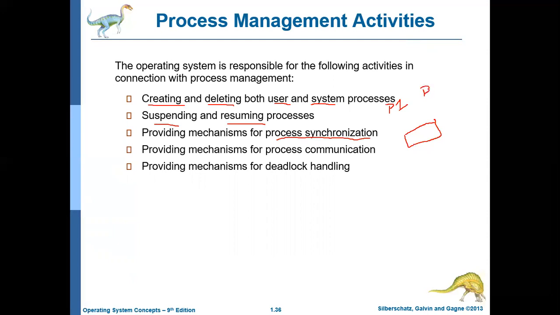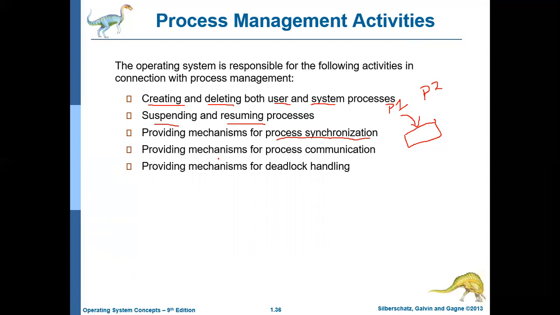Then it is the job of the operating system to decide who can access it and when. This concept is called process synchronization. So the operating system helps these two processes get synchronized so that they can access that shared memory or any other shared resource without any conflict.